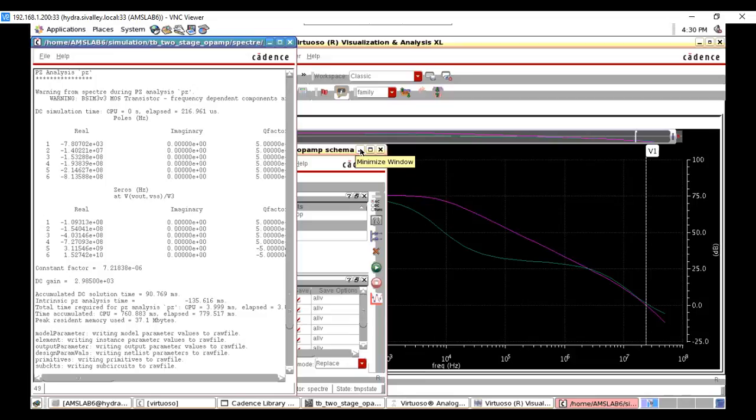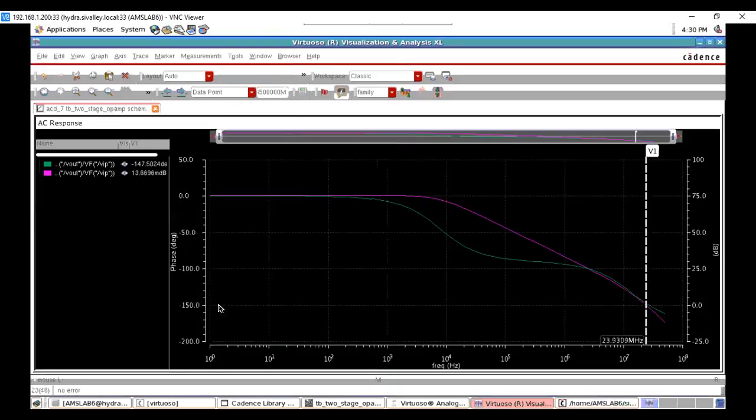It's 180° minus the point that you have highlighted, that 147, right? Yes, correct, so that should be the phase margin. 45° or 33°? 33, 180 minus 147. So this is 33°. Okay, so still there is a failing, so now we have to make it 60°.